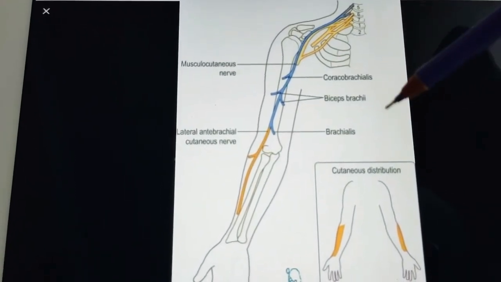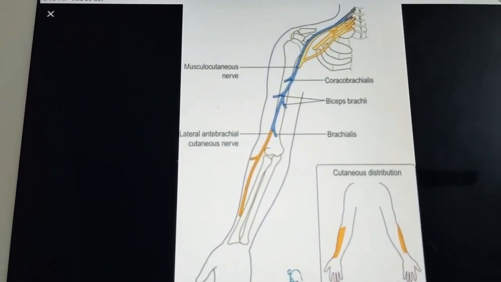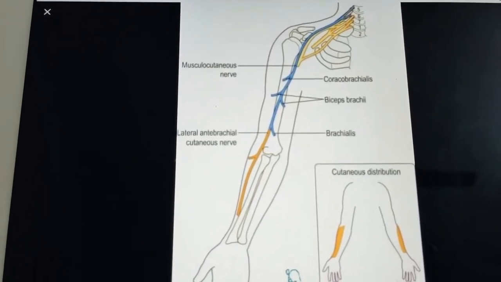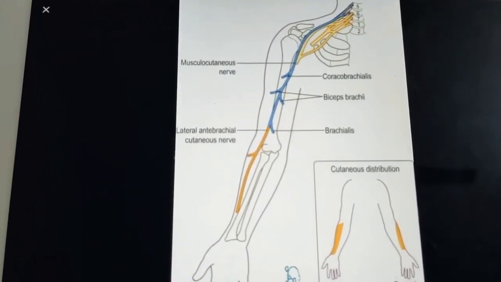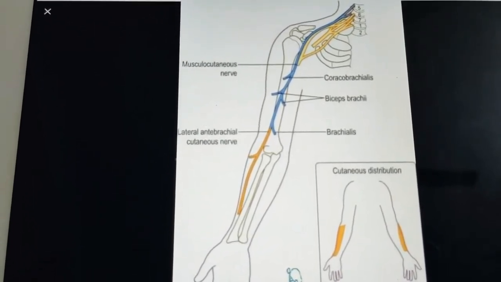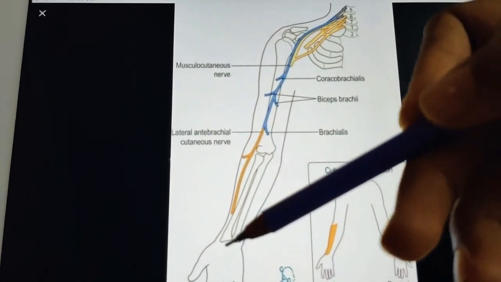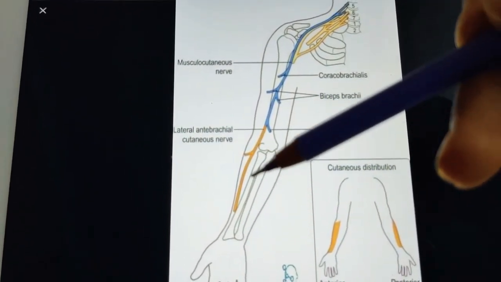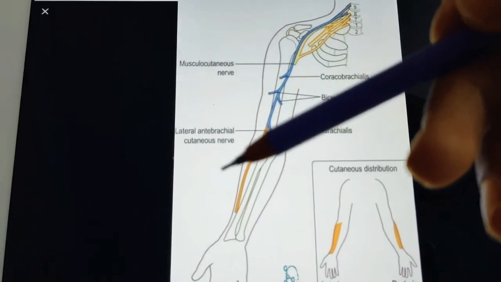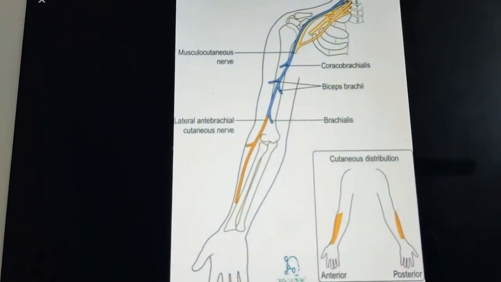The muscular branch supplies all the anterior compartment muscles: coracobrachialis, biceps brachii, long and short heads, and also brachialis. And the cutaneous branch, through the lateral cutaneous nerve of the forearm, supplies the skin of the lateral side of the forearm from the elbow to the wrist, including the ball of thumb. So, including the ball of thumb, everything is supplied by the lateral cutaneous nerve.